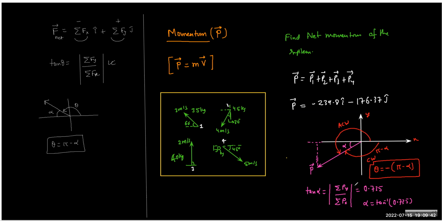Anybody else getting the answer minus 239.8 and 176.37? Sir, I'm getting something different. Okay, can you confirm what you're getting? Sir, for I cap, I'm getting minus 131.7 I cap. And for J, I didn't calculate. Anybody who has calculated J cap also? Devang, have you done this calculation?